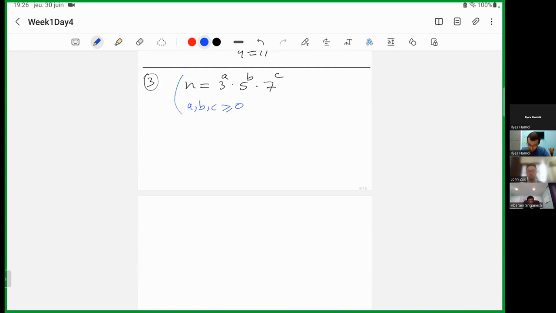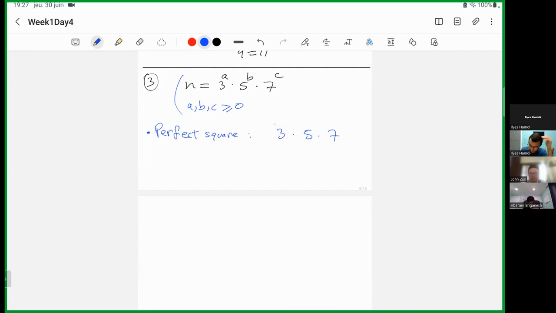Okay. Now my question is, what's a perfect square? How would you write a perfect square, of course, which has only 3, 5, and 7 as prime factors? I mean, what do the exponents have to satisfy so that it's a perfect square?